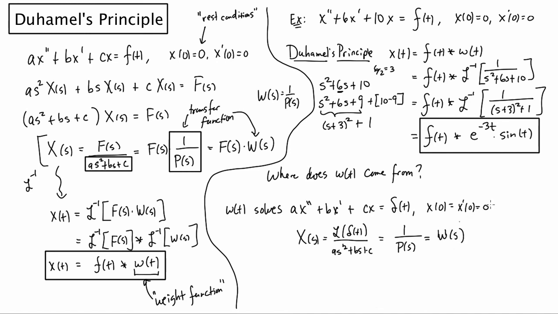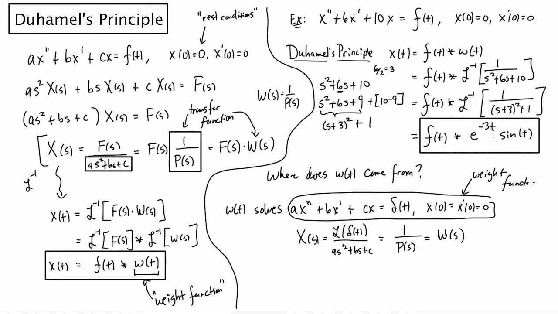And so the solution to this equation is the transfer function, or excuse me, is the weight function. So the weight function solves that equation, because you can see here that x of t would just be w of t at that point. The book, or lots of books, not just our book, will either call it w of t the weight function.